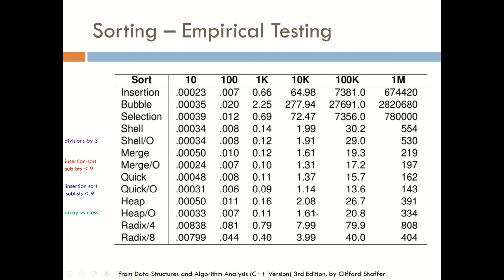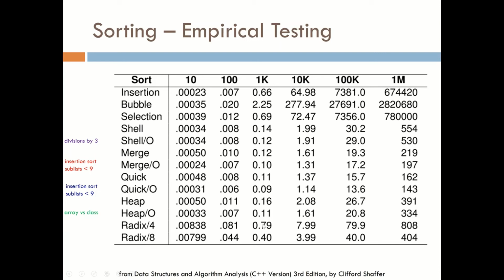Finally, for quick sort, once again, once the lists get below size 9 we do an insertion sort at that point. That gives us a slightly improved performance.